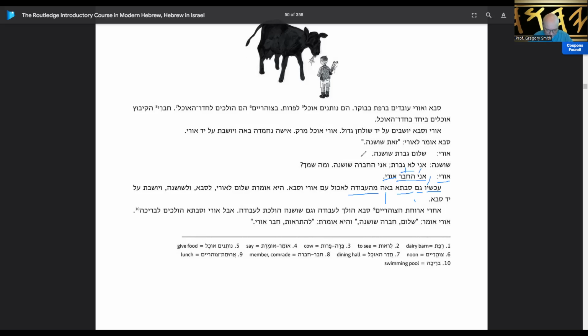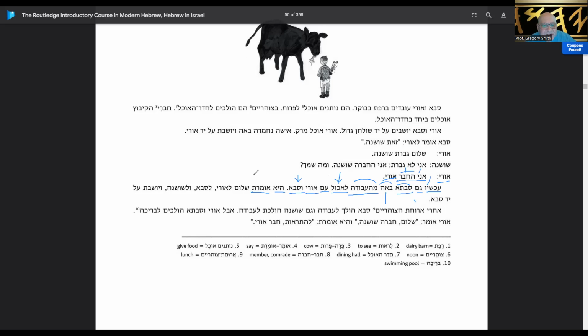Okay, so now also grandmother ba'a comes mehaavoda, from work. Le'echol, to eat. That means to eat, I believe. Im Ori, with Ori, and Sava, and grandfather. To eat with Ori and Sava, okay, and grandfather.